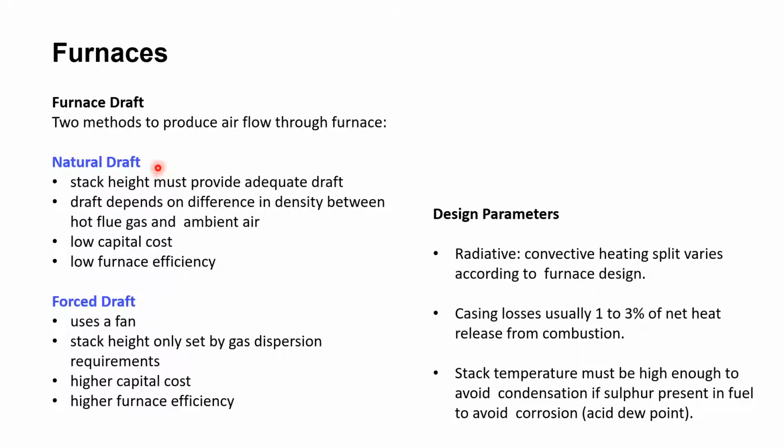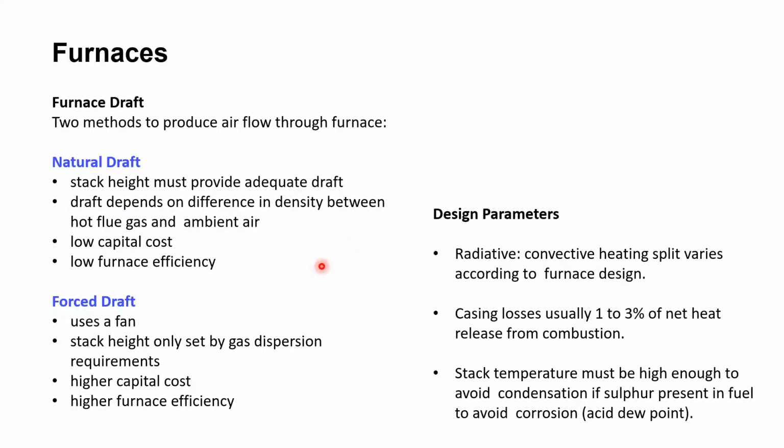In natural draft, the stack height must be sufficient to provide adequate draft. So you see this kind of furnace that has a very large and very tall stack. The idea is to use the stack force to pull the air from outside the furnace into the combustion chamber.